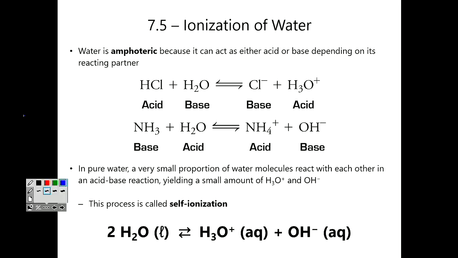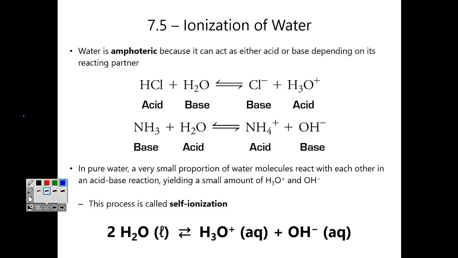So, again, water is the fundamental example of an amphoteric substance. We've already seen these reactions acting with an acid. It picks up protons, produces hydronium. Reacting with bases, it can donate protons to produce hydroxide. So water participates in one or the other depending on what it reacts with.